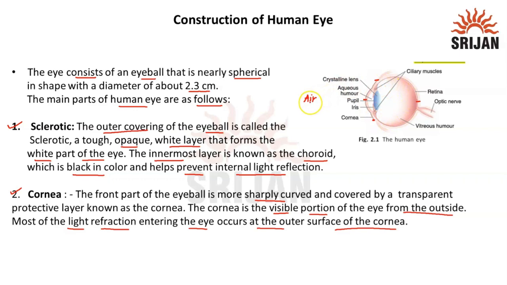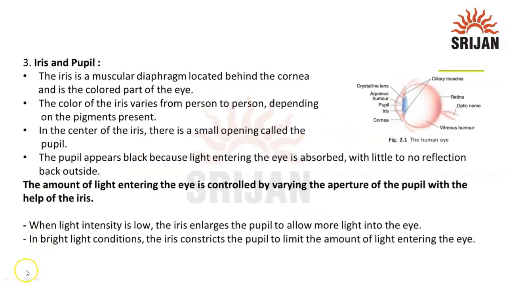Whenever light travels from air to the eye, the refractive index changes and the light ray will bend. And that's what corresponds to the refraction, that most of that refraction occurs at the surface of the cornea only, like here.